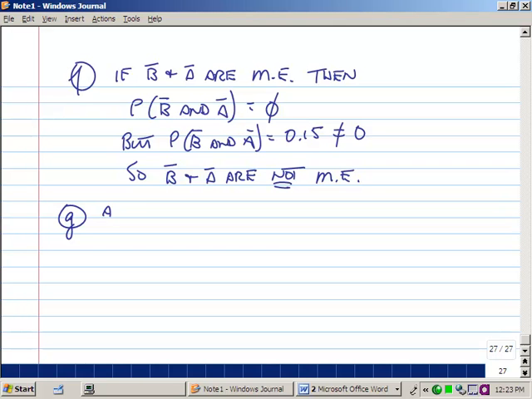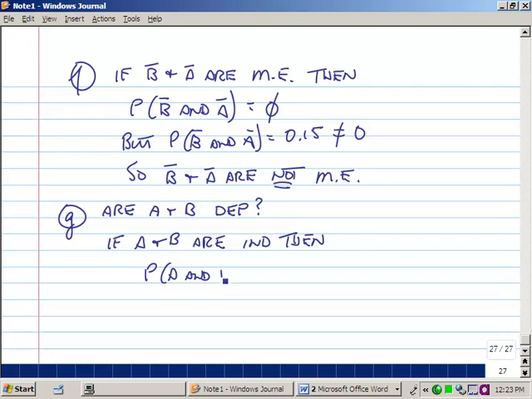So the question is essentially, are A and B dependent? So we'll answer the following. If A and B are independent, then the probability of A and B is equal to the probability of A times the probability of B.